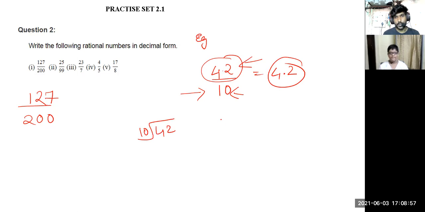Can you tell me what will be 327 upon 10 in decimal form? 32.7. Correct.